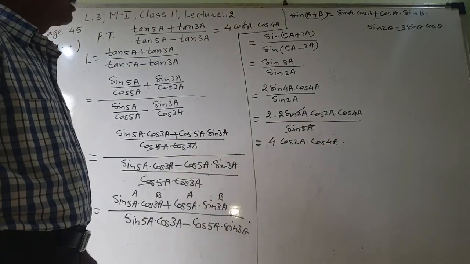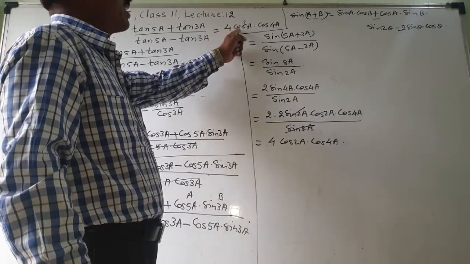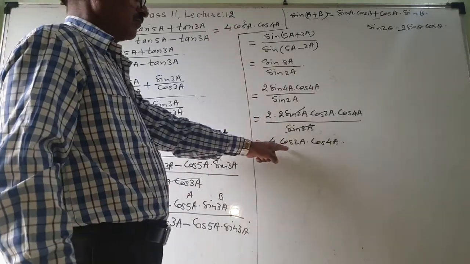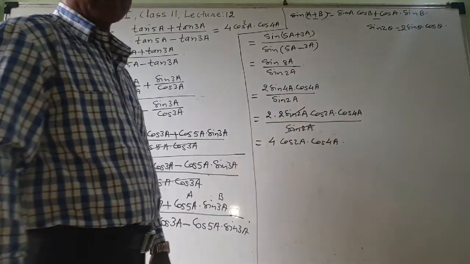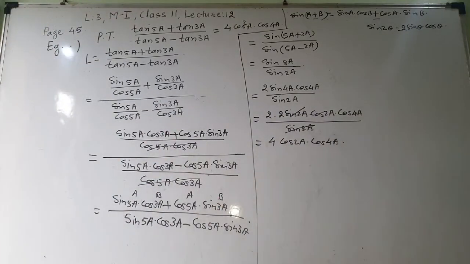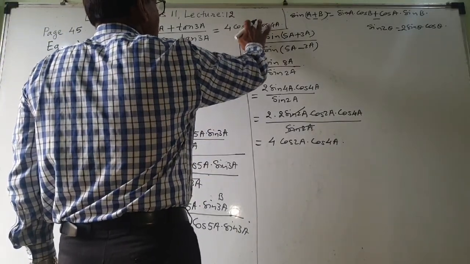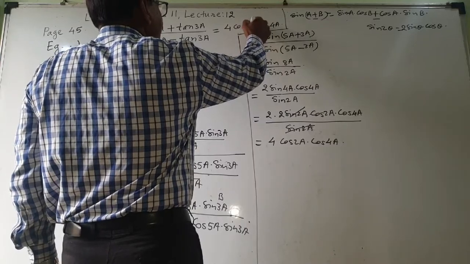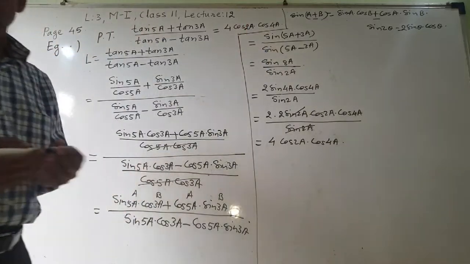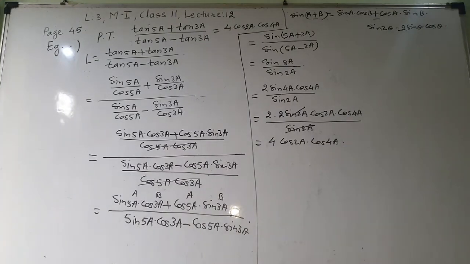Again, cos square a I need, so I need to convert that also. Write that much part. In the textbook, I think it is a mistake. Here it should not be cos square, it should be cos of 2a. Clear it, I will clear it in the textbook also.